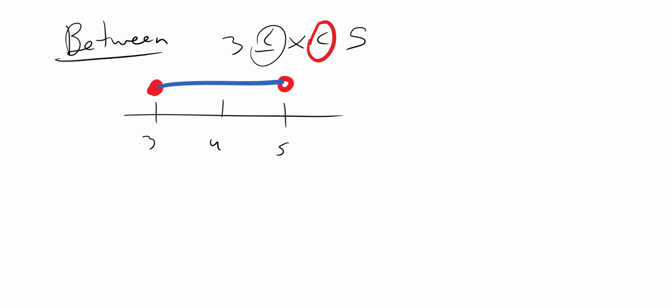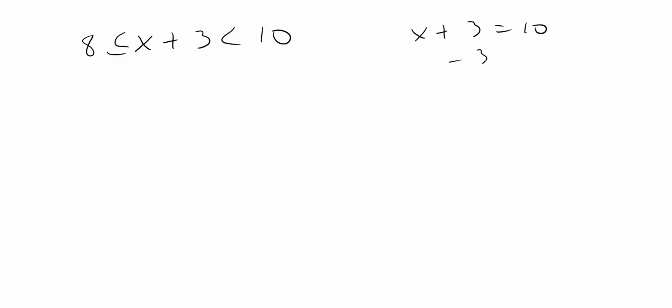So let's make it a little bit more difficult. Not a big deal. What if I said x plus 3 is between 8 and 10, something like that? You know how if I just gave you x plus 3 equals 10, you'd say, well, I have to subtract 3, and so x equals 7. So here's the deal: we still need to solve for x. We're always solving for x.